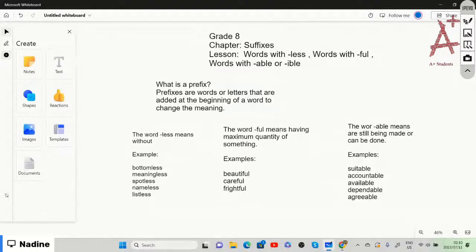Before we go on to the examples, the word less means without.